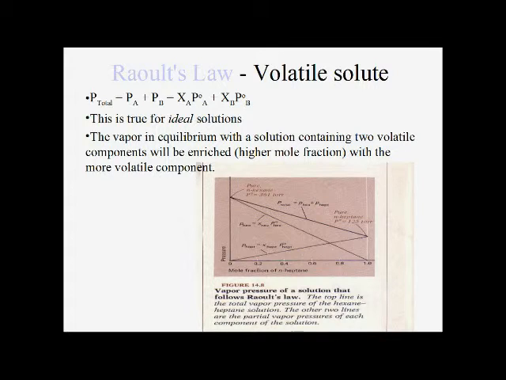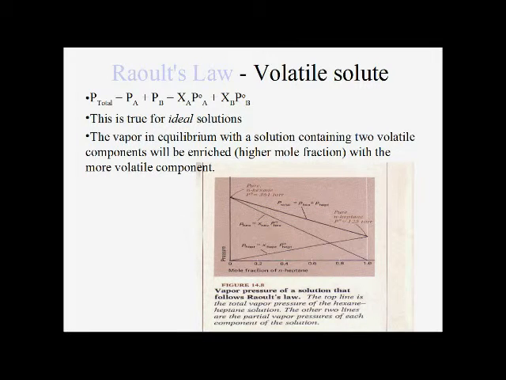Of course, the total pressure is going to be the pressure of both components, the partial pressure of both components. So for an ideal solution, ideal mixture, we're going to add the mole fraction times the initial vapor pressure.